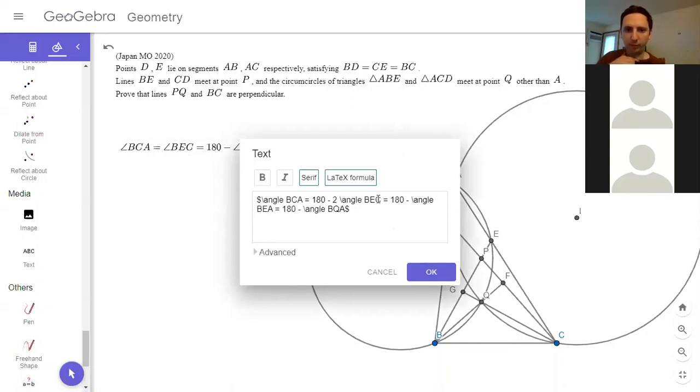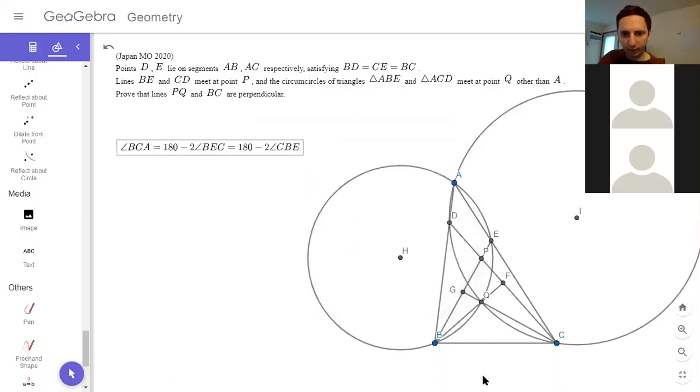So BCA is 180 minus twice angle BEC, which is 180 minus twice angle CBE. Yeah, my bad. And I think that's right.